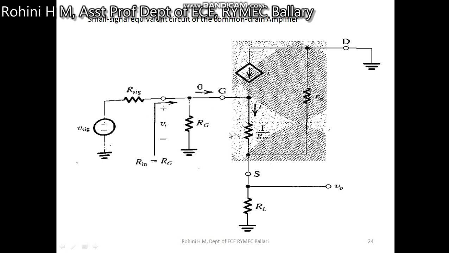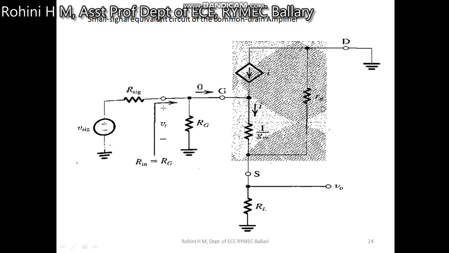Again, from the same voltage divider rule, can we write the equation for V out? Yes. What is the voltage at this node, this branch? What is the resistance here? RL parallel with R0.